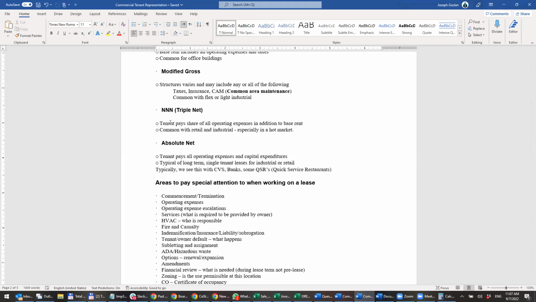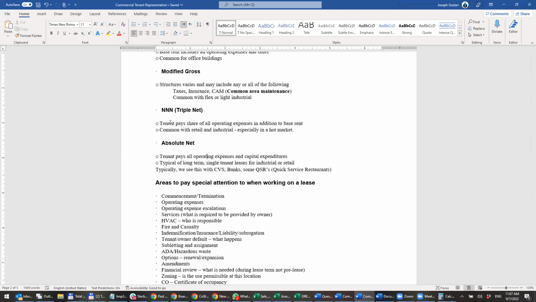And insurance more than likely is going to go up because insurance has been going up every year forever. Instead of eating the difference every single year, I push it over to the tenant, and that helps the tenant secure a 5-year lease.